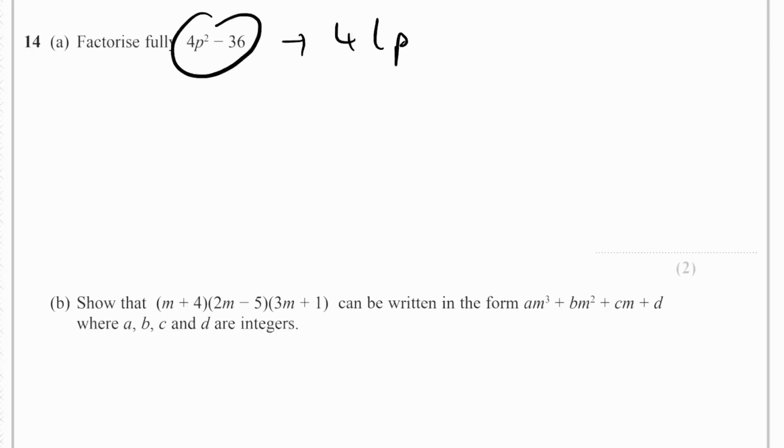And so if you do that, then you get p squared minus, and then 36 over 4 is a 9. And then you just do the difference of two squares classic formula with this section over here. And so if we go ahead and do that, then we leave the 4 on the outside, and then we get p minus 3, because you square root the 9, and p plus 3, okay? And that is your answer there.